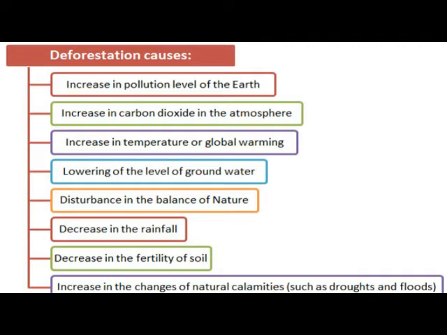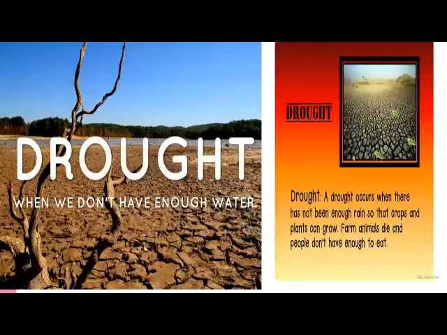This will lead to global warming as carbon dioxide traps the heat rays reflected by the earth. The increase in temperature on the earth disturbs the water cycle and may reduce rainfall. This could cause drought. So what is drought? The lack of rainfall causes drought.